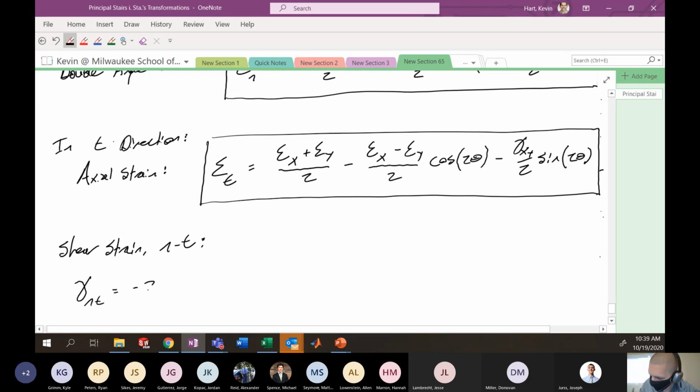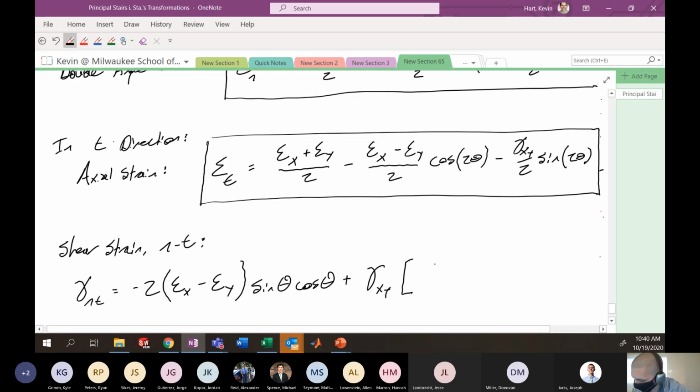So here, negative 2 times epsilon x minus epsilon y, sine theta cosine theta, plus gamma xy times cosine squared theta minus sine squared theta.